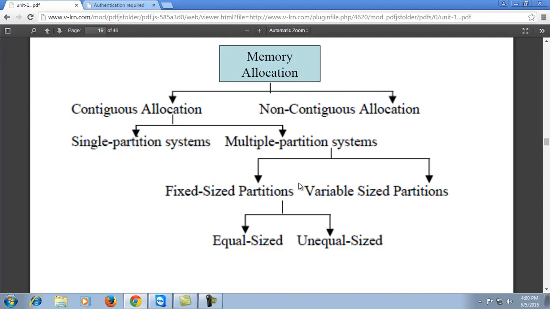It is further divided into two parts, fixed size partition and variable size partition. Variable size partition represents dynamic or runtime allocation, and fixed partition is a static or fixed allocation. Inside the fixed size partitions there are two types, equal sized and unequal sized.